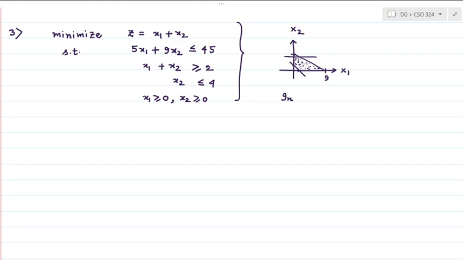Any point in this line segment between these 2 points, 0 2 and 2 0, is an optimum point for this problem. So there are infinitely many optimum solutions.